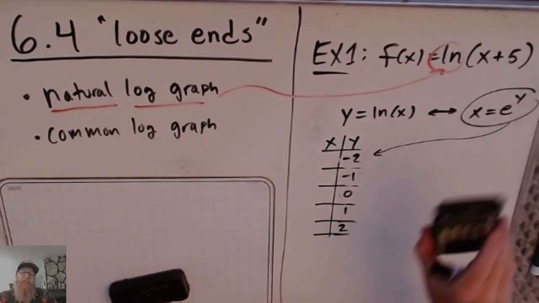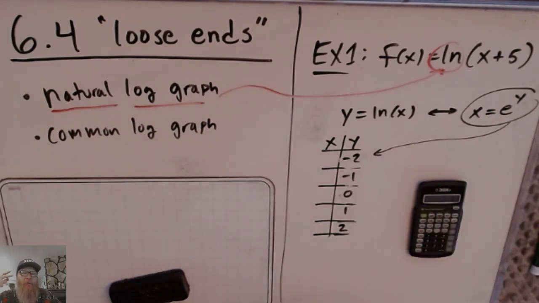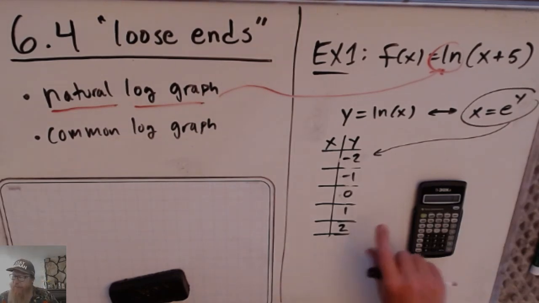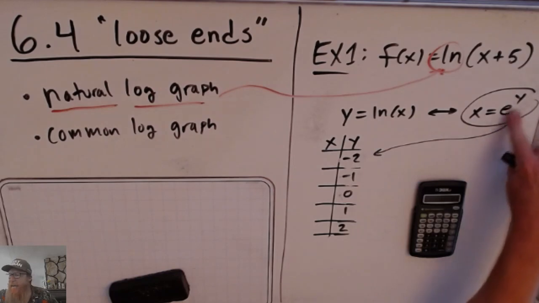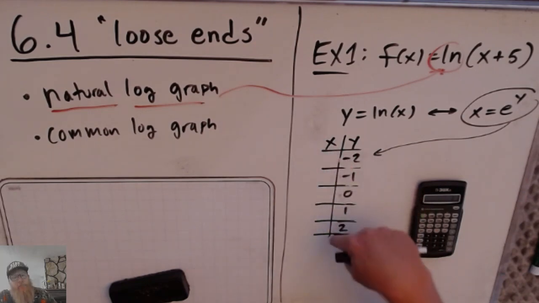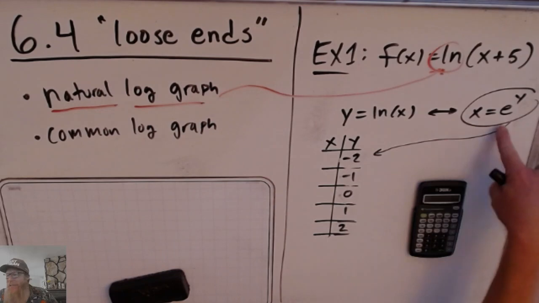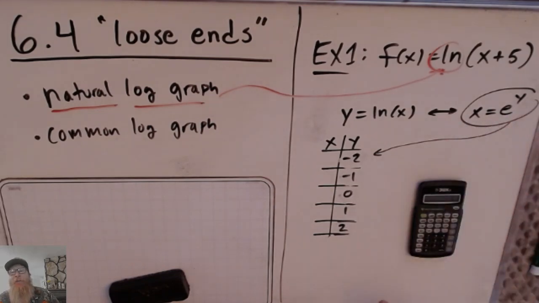Now you're going to have to use a calculator for these. We were able to get away without using a calculator when we were using base 2, base 3, and base 4, but you're going to need a calculator for these. So you're going to do e to the y. Or you could do the ln of x, but I don't know what x is yet. We're trying to figure out what x is, so I'm going to use e to the y, and that's going to tell me what x is.